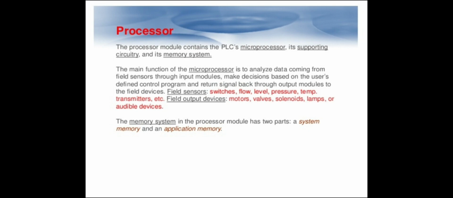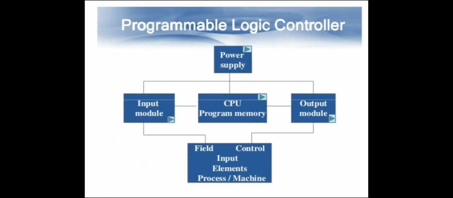The function of the microprocessor is to analyze the data coming from the field sensors through input modules, make decisions based on the user-defined control program, and return signals back to the field devices through the output modules. The memory systems are system memory and application memory, similar to a computer.